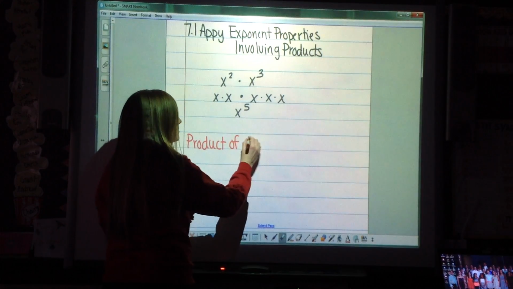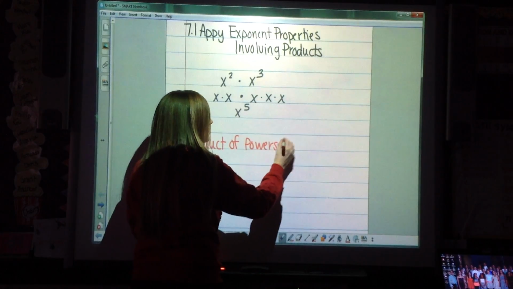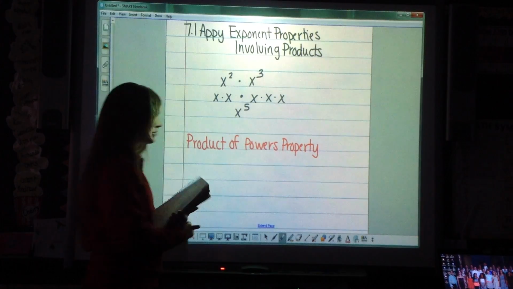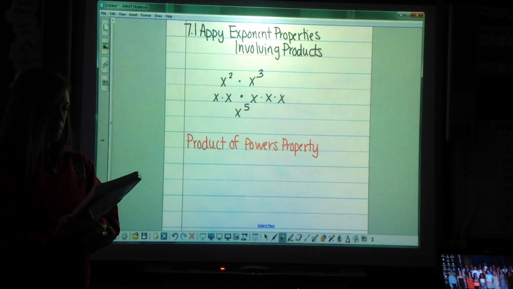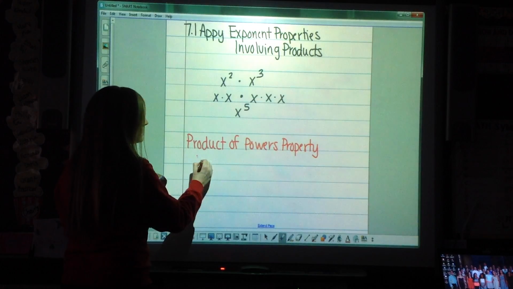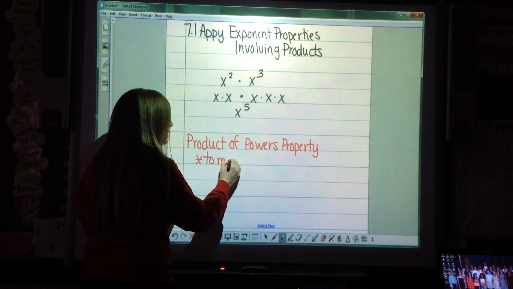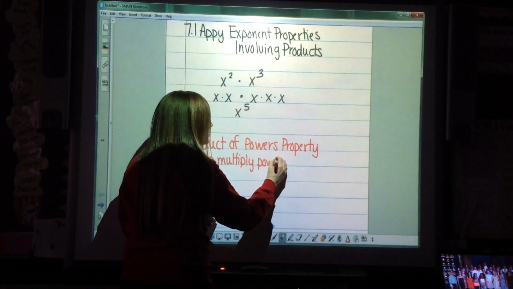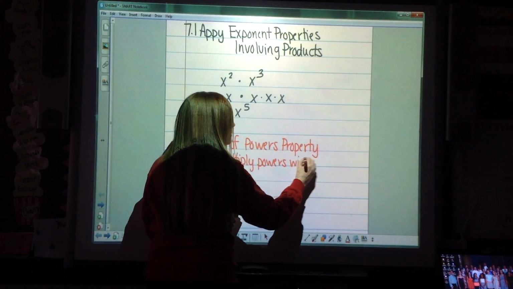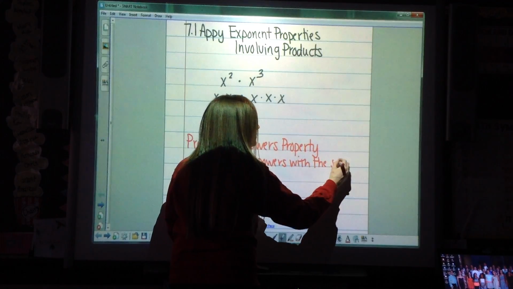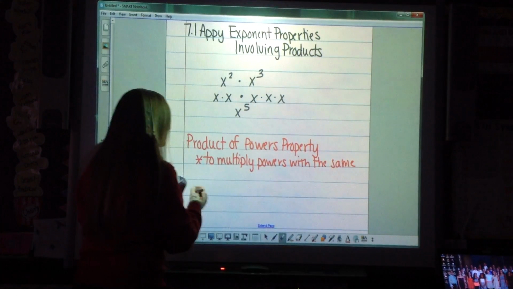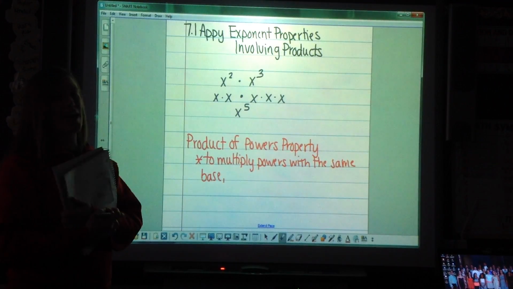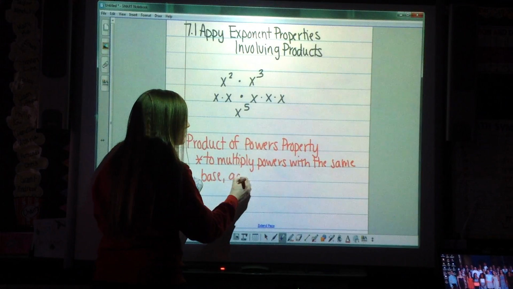Product of powers property. And that says to multiply powers having the same base, you're going to add the exponents.